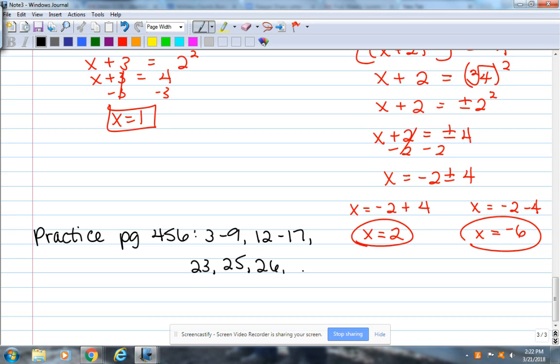I skipped around, just picked the best ones. Starting with 23. These have square roots in them, these have cube roots, and these have the rational exponents. So you might want to do those first while I'm in here and it's handy.